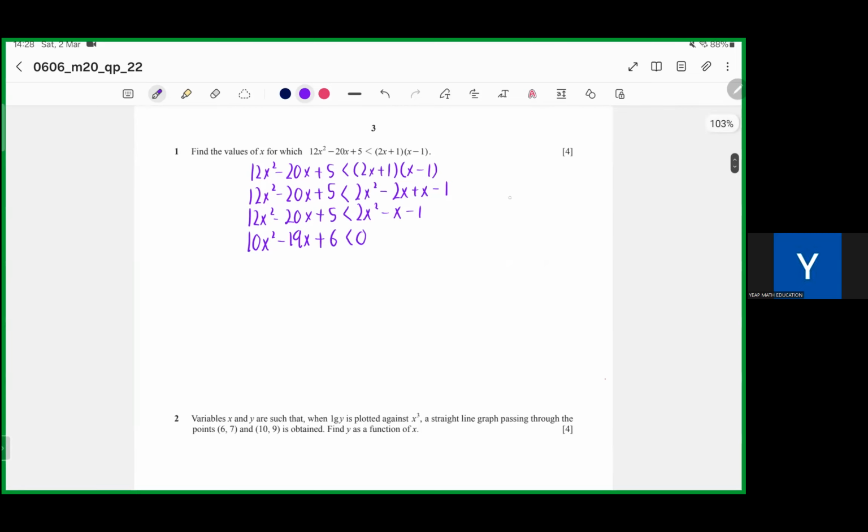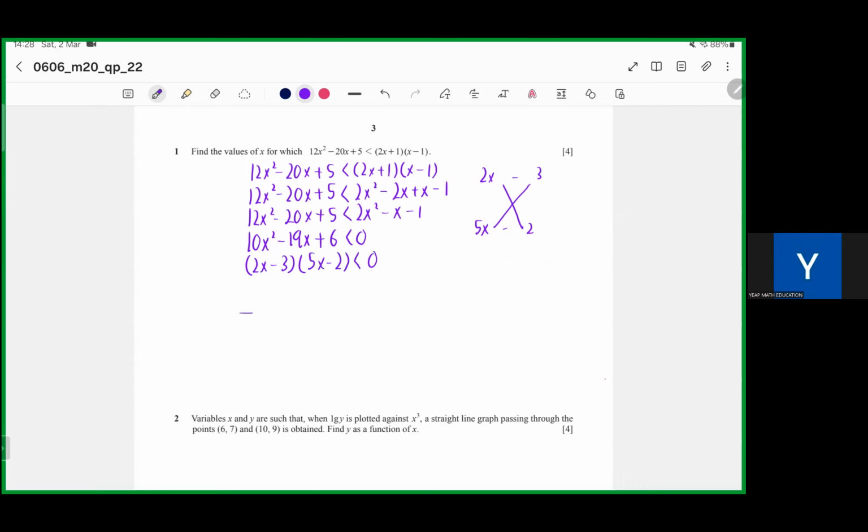So what we need to do is factorize this quadratic expression. We get 2x minus 3 and 5x minus 2, less than 0.